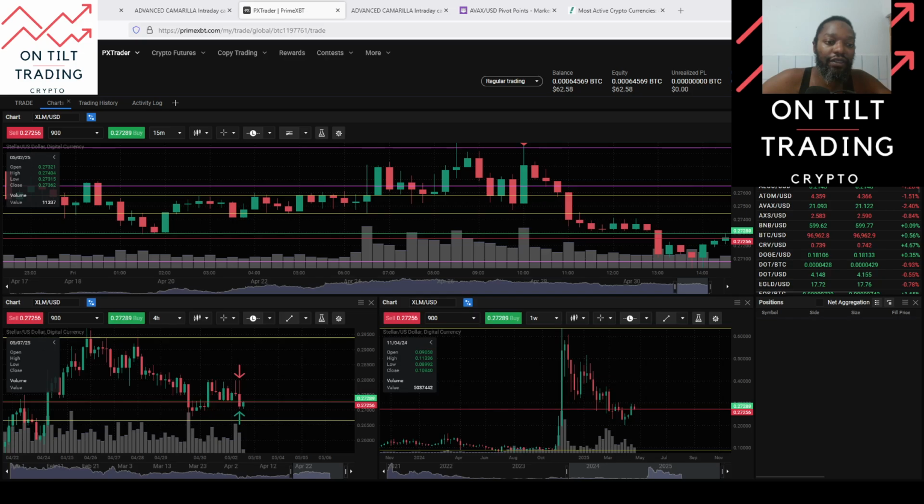Then we have this area of consolidation, which basically forms the range of the opening structure for price action here. And then we have a break of that structure in this candle, followed by the price action forming this order block here.